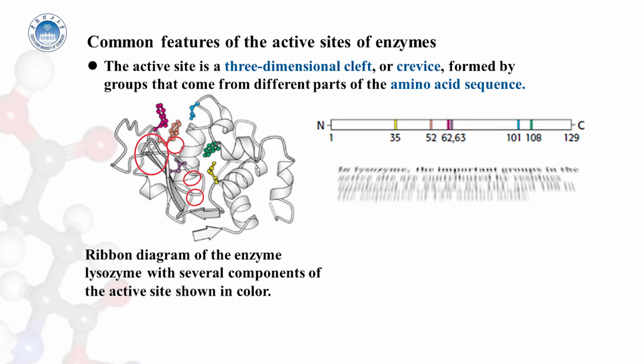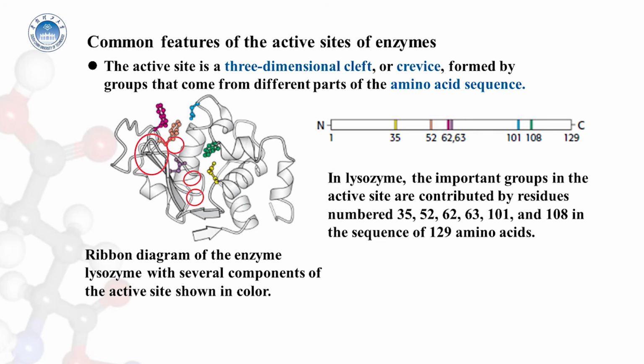Also in this lysozyme, the right shows a schematic representation, and the important groups in the active site are contributed by residues numbered 35, 52, 62, 63, 101, and 108 in the sequence of 129 amino acids.